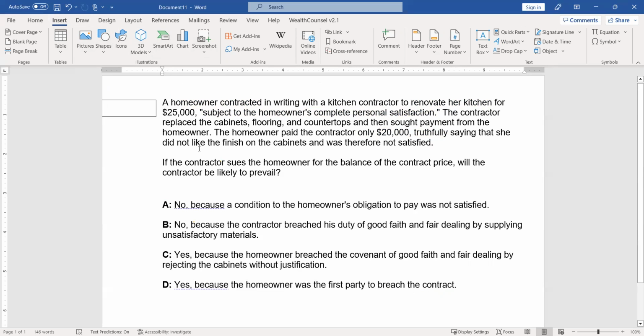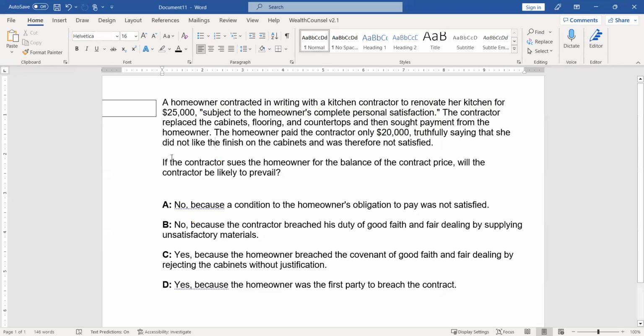Now we are going to go through the MBE question by using the method of reading the call of the question first, going through the answer choices, then going back up to the fact pattern to do our final IRAC. The call of the question is, if the contractor sues the homeowner for the balance of the contract price, then will the contractor be likely to prevail?